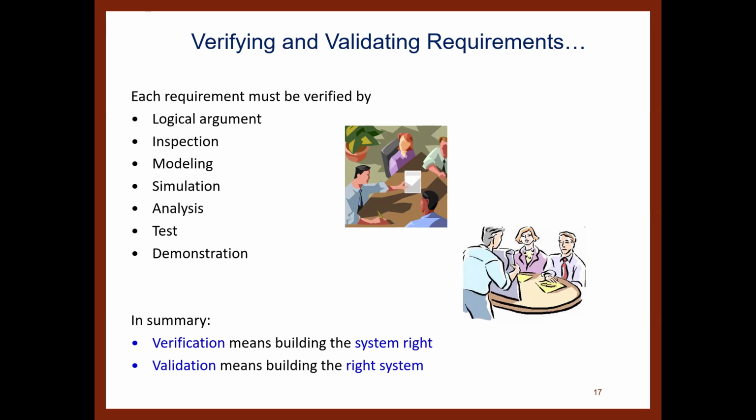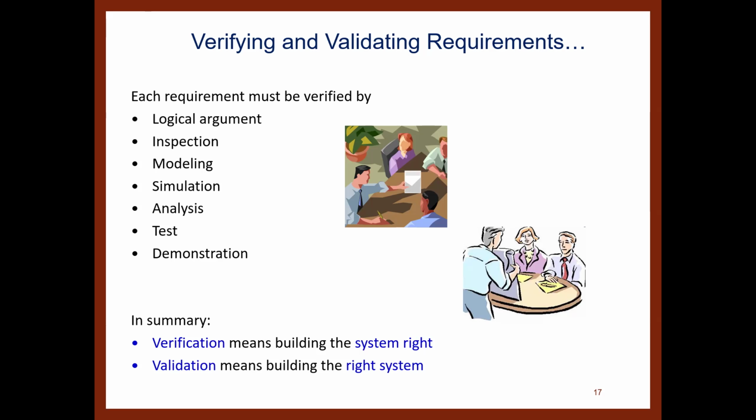In summary, verification means building the system right. Validation means building the right system. Can anybody tell me the difference? When you read those two things, does that make sense? Yes. You can build the wrong system correctly, or you can build the right system.